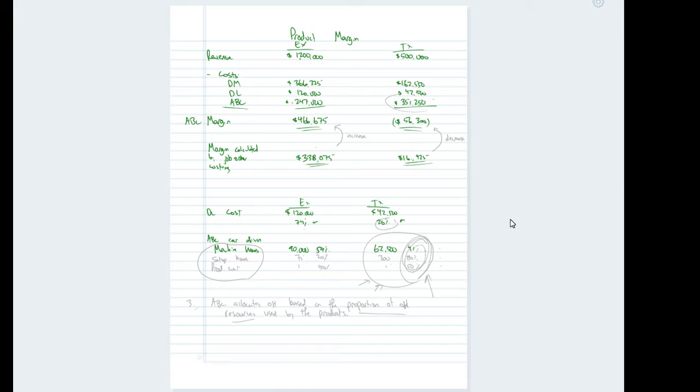And then you look at the other resources, setup hours. The EX uses 75 and the TX uses 300 setup hours, which is 20% and 80%. The TX actually uses more setup hours than the EX does. So more of the setup cost is being allocated to the TX. And then if we look at our product sustaining costs, they're each one product, and so we're going to split those costs equally 50-50.